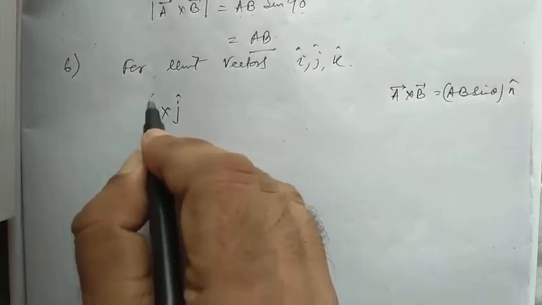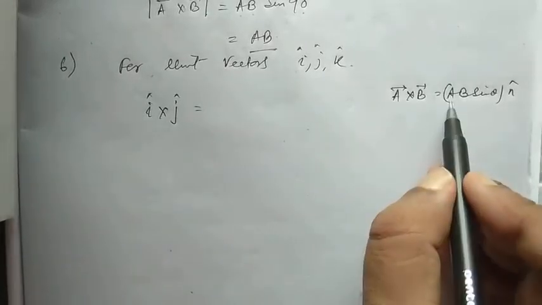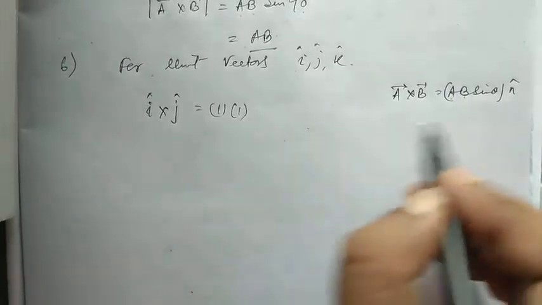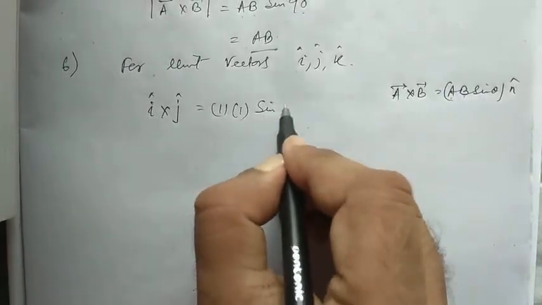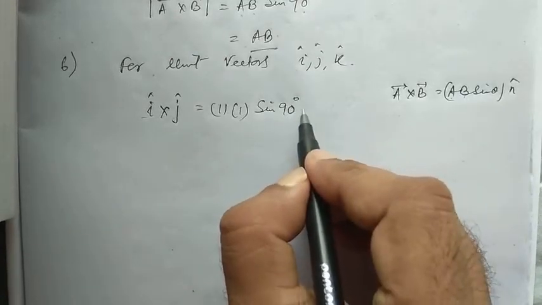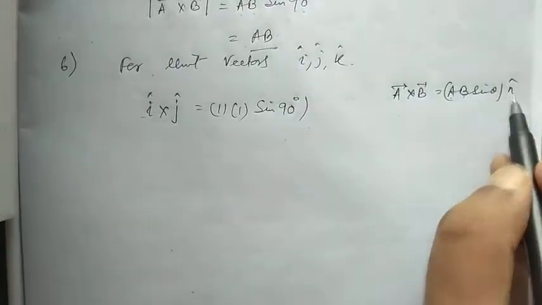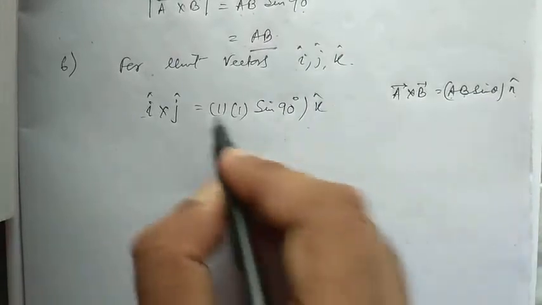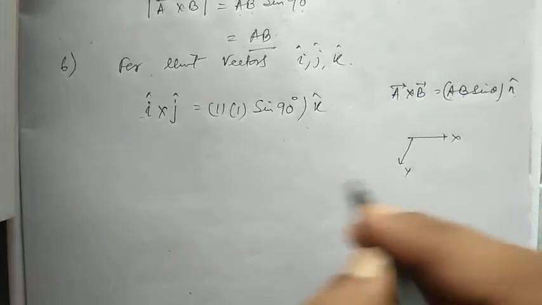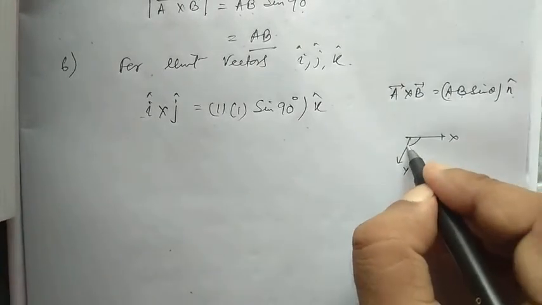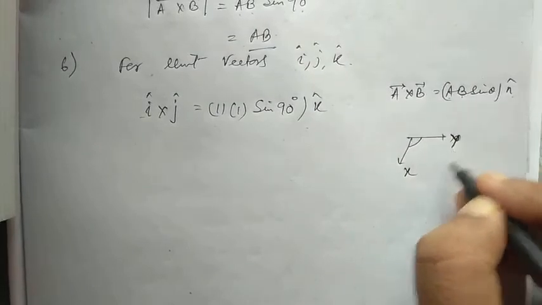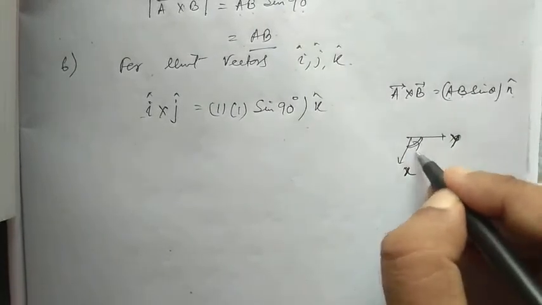I cross j means the magnitude of i, that is 1, magnitude of j, that is also 1, sine of 90, because x and y axis, the angle between them is 90 degrees. And what will be this n cap? N cap will become k cap, because if this is the x axis and this is the y axis, we are moving from x towards y.